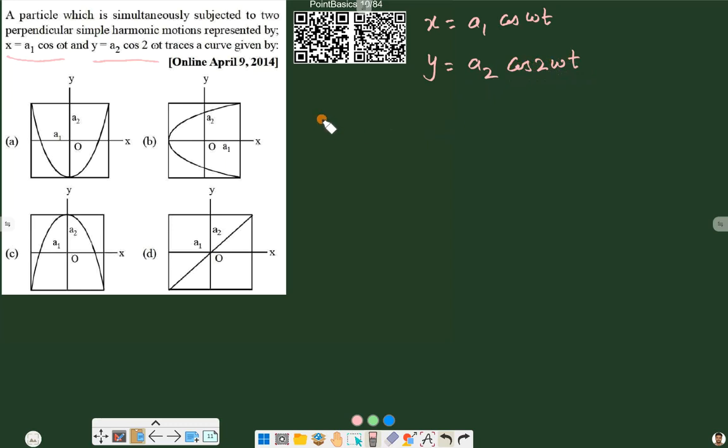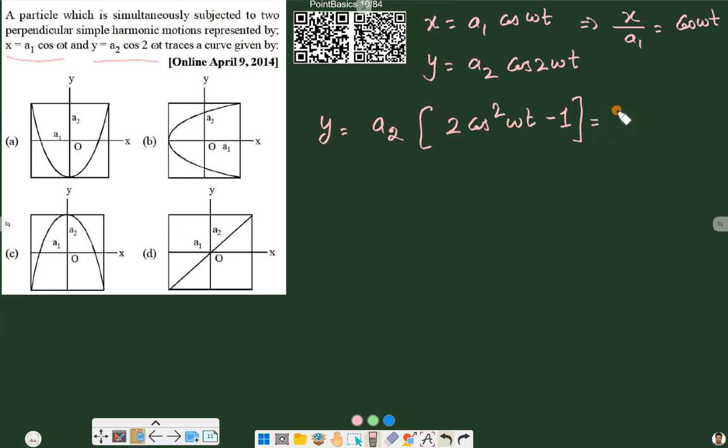Now we know that cos 2 omega t is equal to twice cos square omega t minus 1, and from the first equation x by a1 is equal to cos omega t.